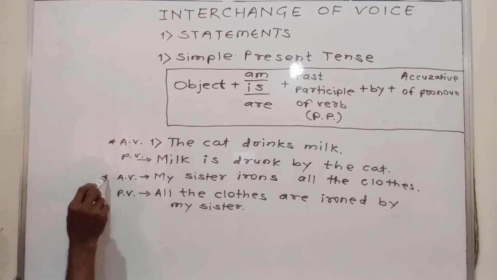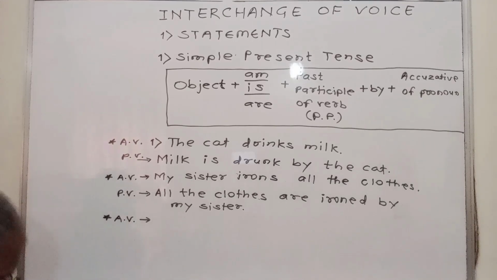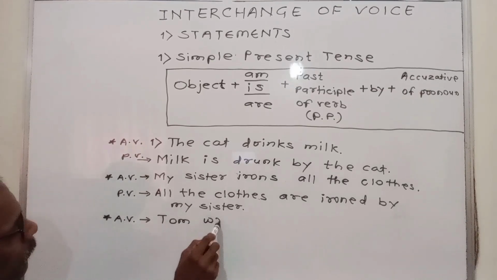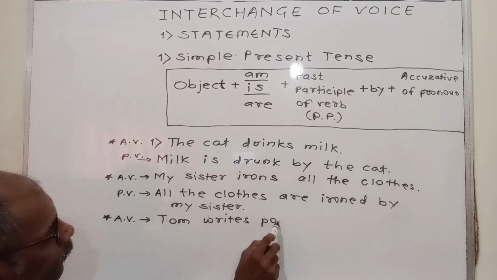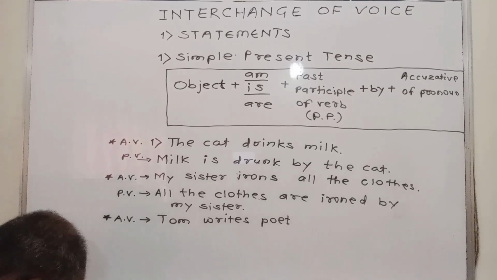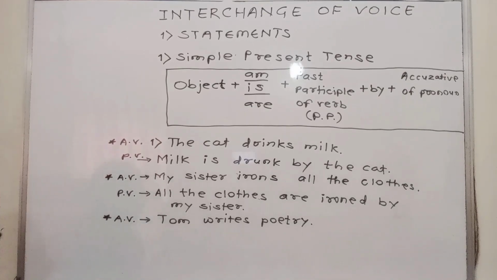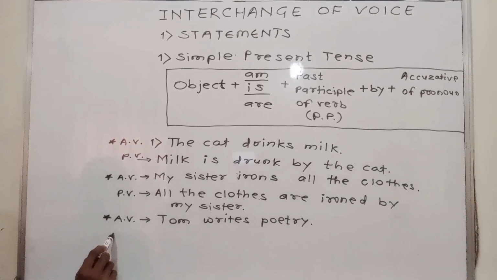We draw here a star. Active voice. Next one: Tom writes poetry. Then Tom is subject, writes is verb, and poetry is object.